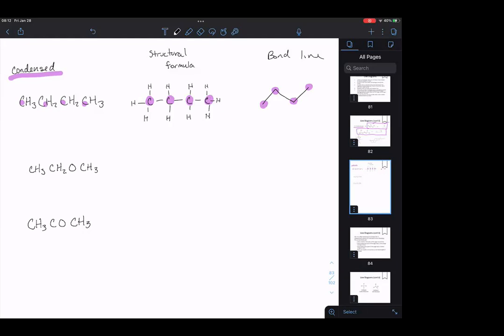Okay, so importantly, when you're interpreting your condensed structures, the most important thing is we stick to those simple rules of carbon needing 4 bonds, oxygen needing 2 bonds, nitrogen needing 3 bonds.